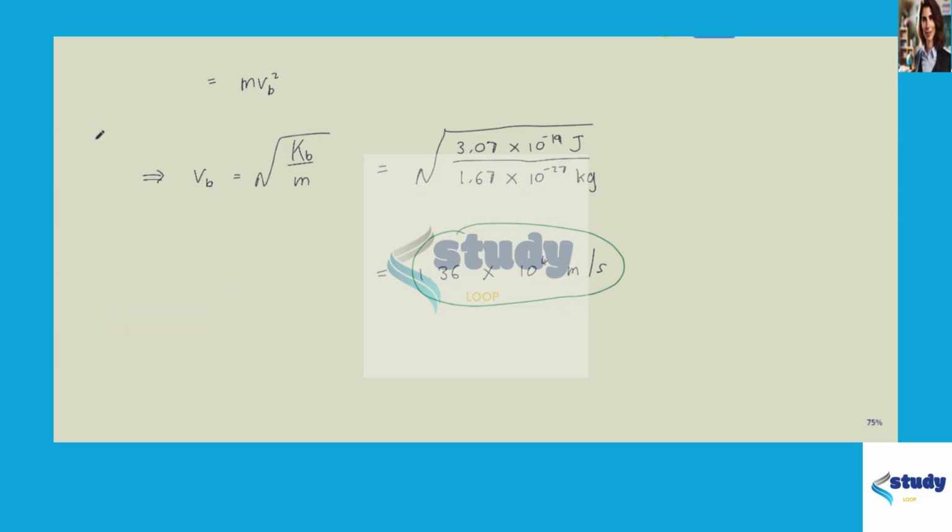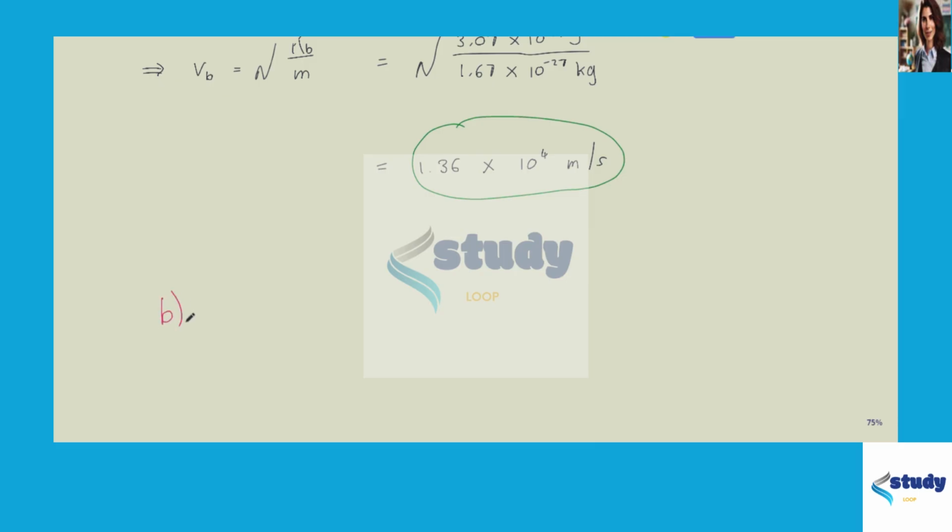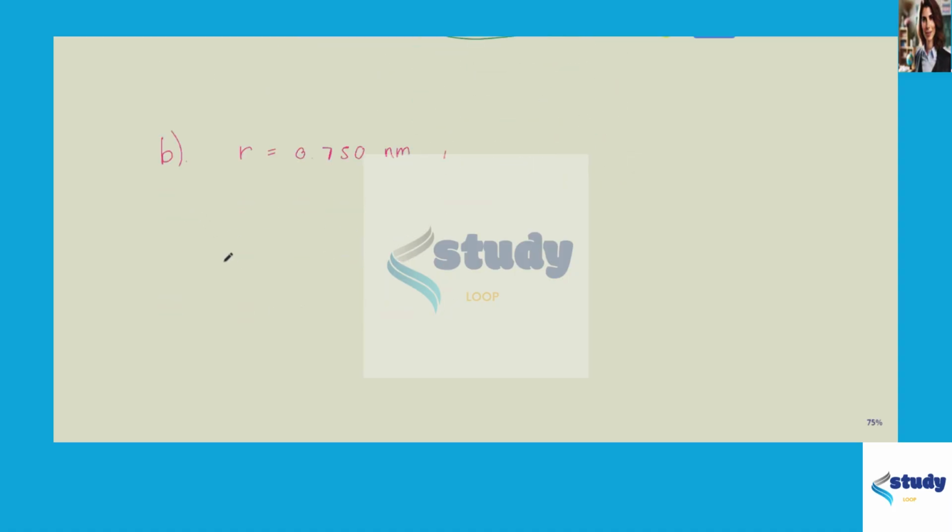Now we want to calculate the magnitude of their maximum acceleration. Now the acceleration is largest when the force between them is the largest, and that's due to Newton's second law. And so this occurs when their separation is 0.75 nanometers, their closest distance. And the force between them, F, is equal to the constant k times e squared over the square of the separation, r squared. And if we calculate this, we can put in our values.